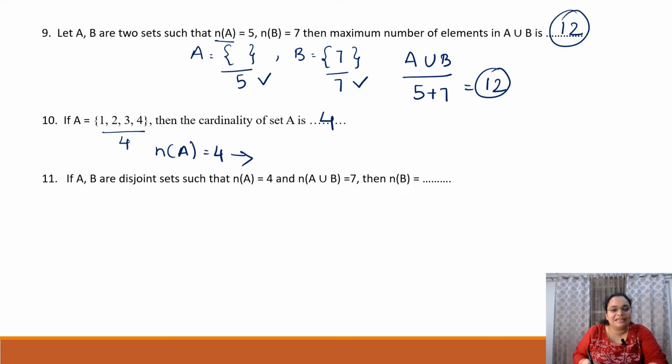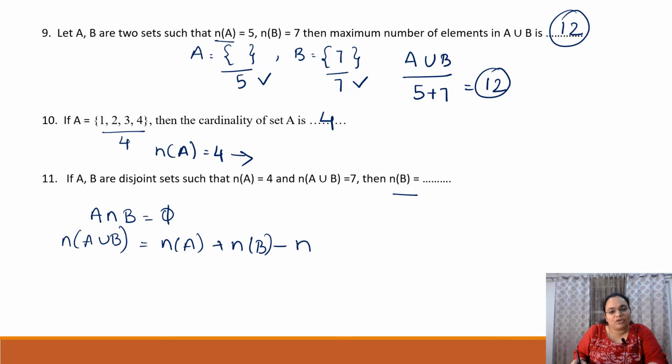If A and B are disjoint sets such that n of A is 4 and n of A union B is 7, then what is n of B? We know that if A and B are disjoint sets, then A intersection B will be the null set. The formula for n of A union B from the fundamental theorem on sets is n of A plus n of B minus n of A intersection B, right?